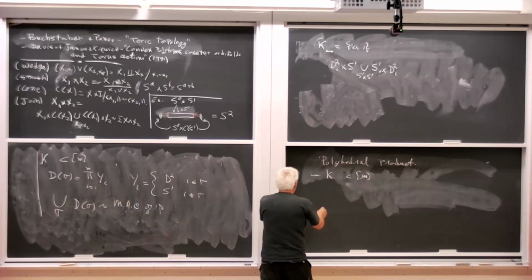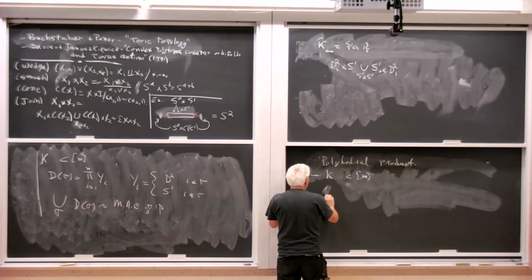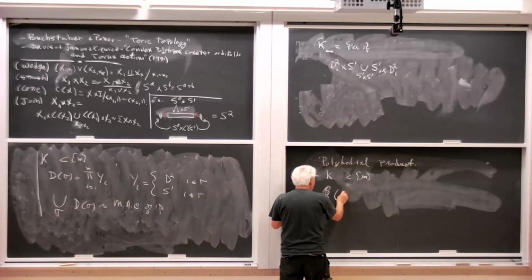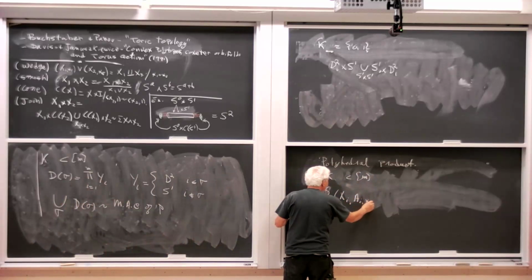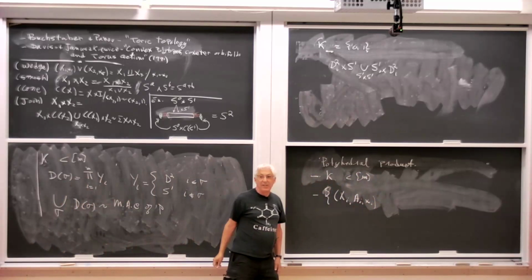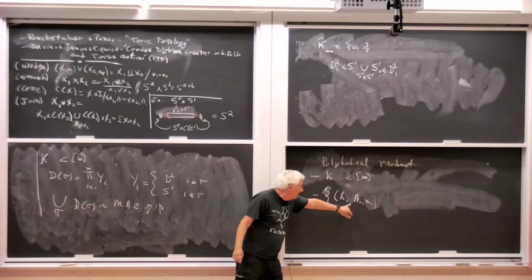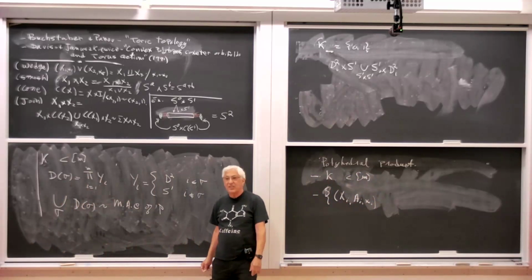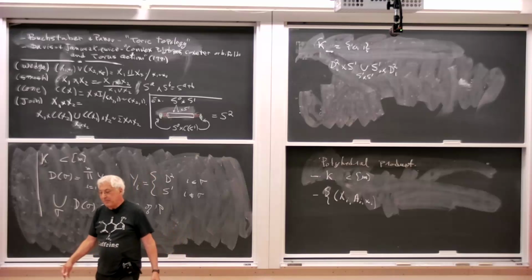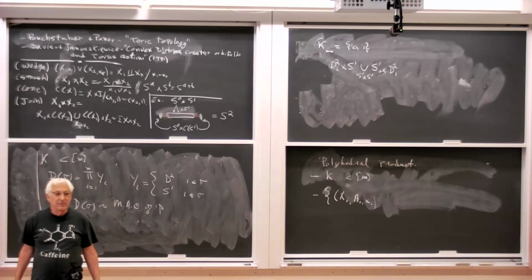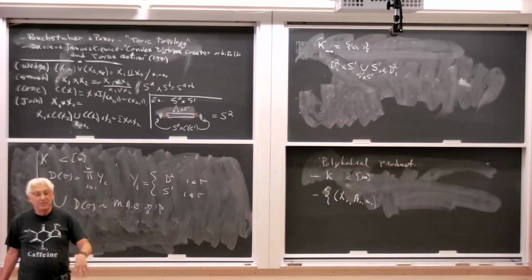And then I need a collection of pairs of spaces, and I'm going to make them based. So these are based pairs of spaces. This is cofibrant, A_i is contained in X_i. And to be able to simplify it and avoid using homotopy colimits, I will assume everything's a CW pair.